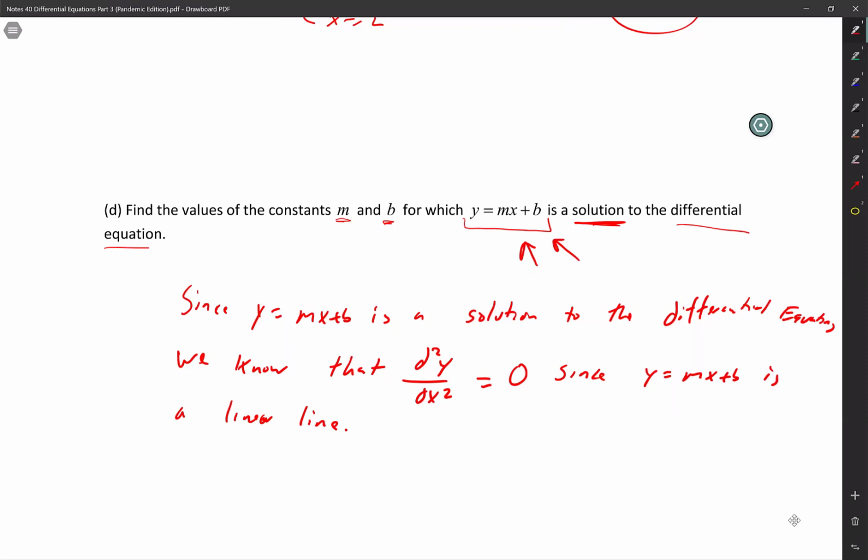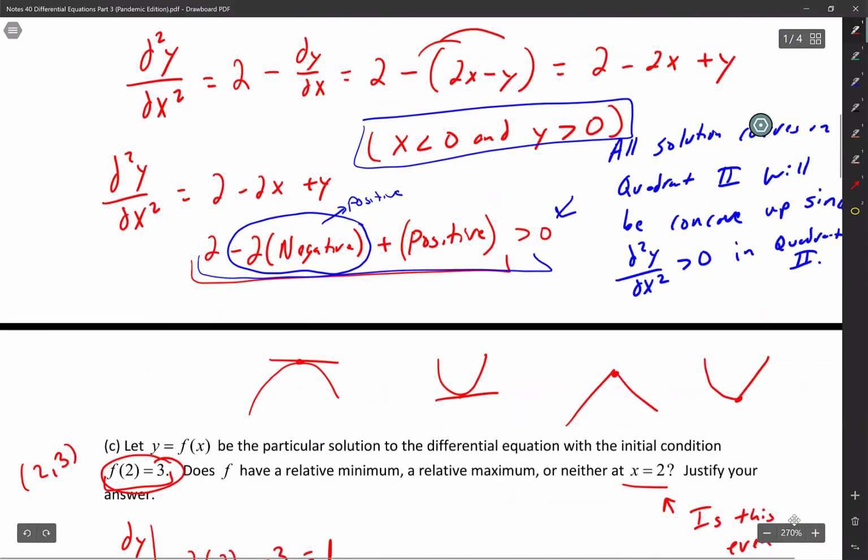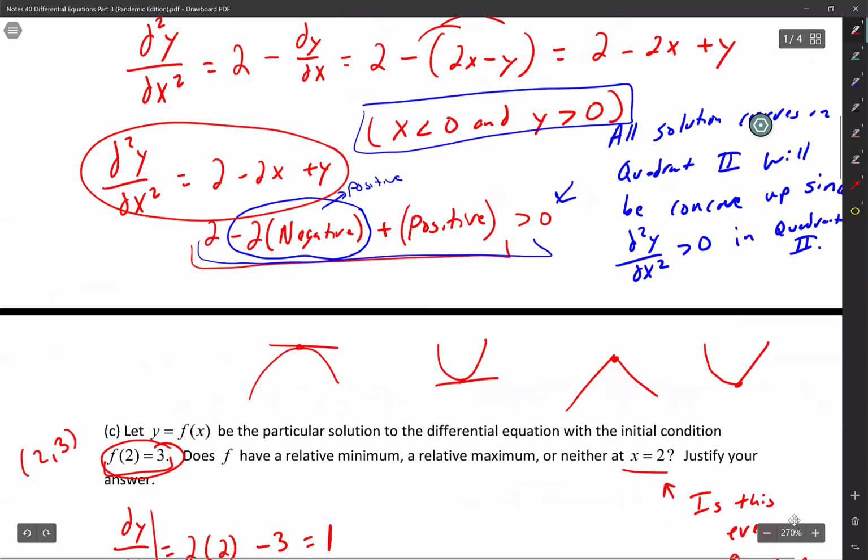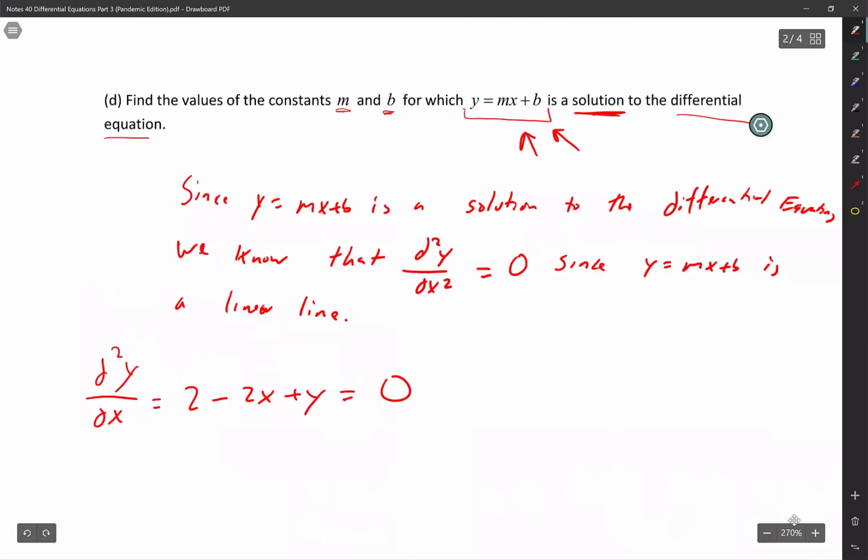So immediately I just go, what's my second derivative? Here it is, 2 minus 2x plus y. So I come over here and I go, second derivative equals 2 minus 2x plus y, and that must equal 0. And then immediately, the way I think, I'm like, oh, look at that, I have an expression in there.